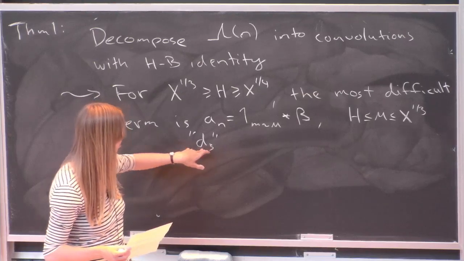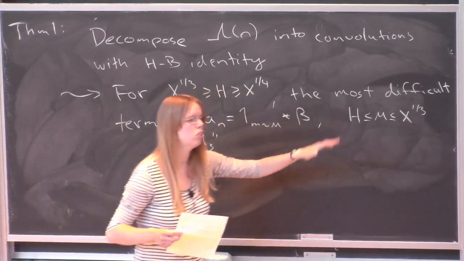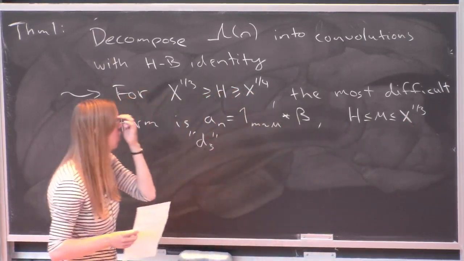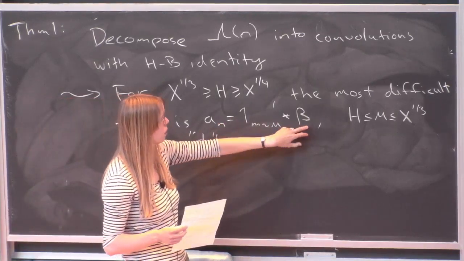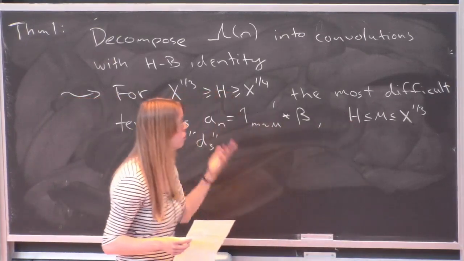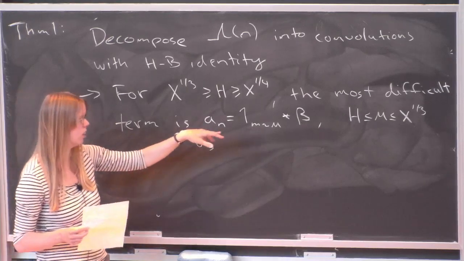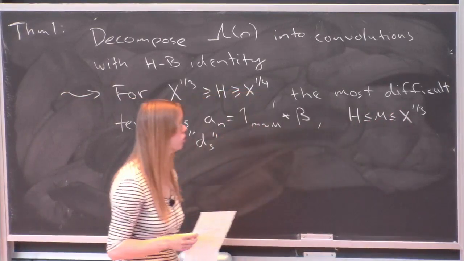And because in D3 we have 3 divisors, at least one of them must be up to x to 1/3. So we take the smallest divisor out, and we have then the convolution of the characteristic function of the interval with something else. And if we had m smaller than h, we have other means of doing it. If we have a good type 2 bound for it, it's easier. And the most difficult thing is this m between h and x to 1/3.